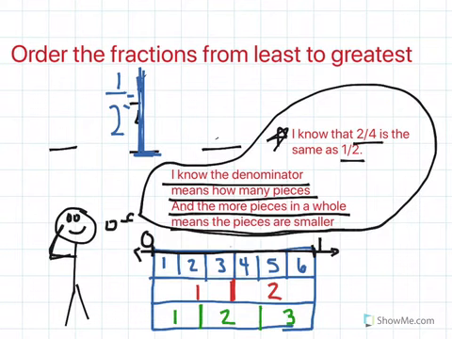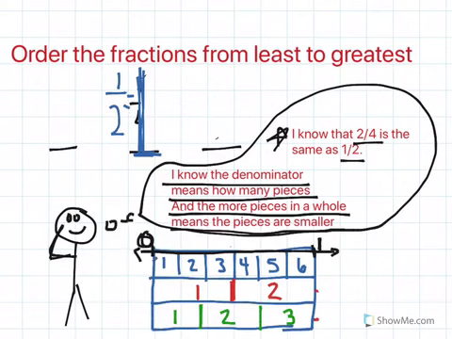So looking here, I've made a diagram. Notice I have 0 and 1. And I drew kind of a rectangular box to help me see it more clearly. So right away now I can compare. I have my sixths drawn out, then I have 1/2, and then I have my thirds.